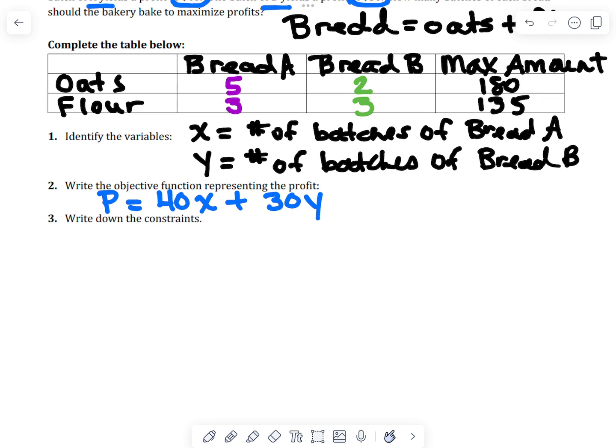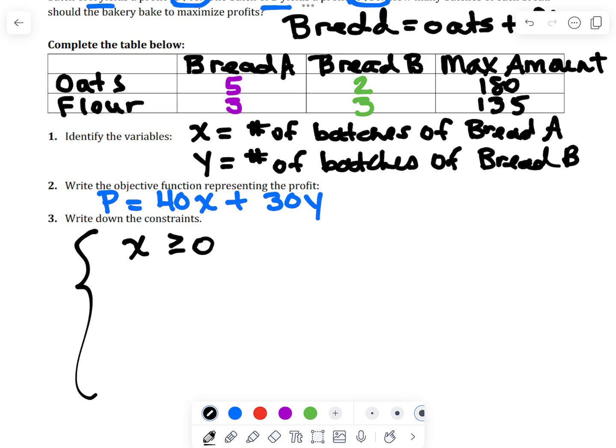Now we need to write our constraints. So we cannot have a negative amount of bread A batches or bread B batches. So the X and the Y always have to be a positive number. Now we need to do a constraint on the oats.